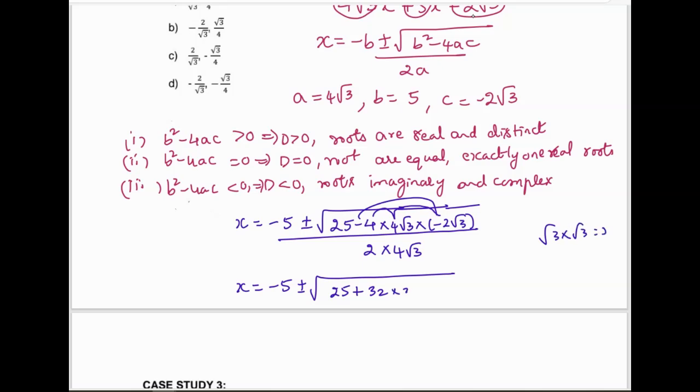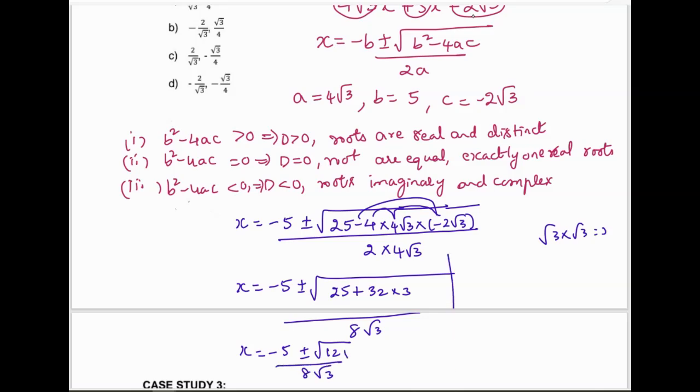So into 3 divided by 4 twos are 8 root 3. Then it can be written as x equals minus 5 plus or minus root of, 32 into 3 is 96, 25 plus 96 will be 121, divided by 8 root 3.